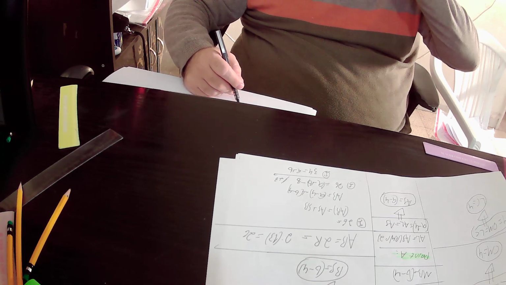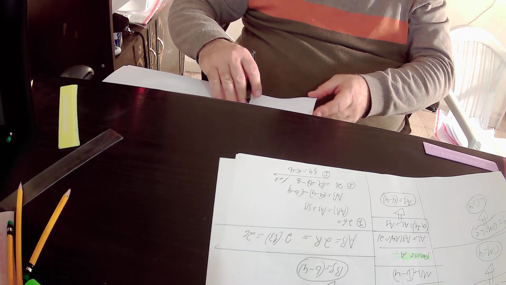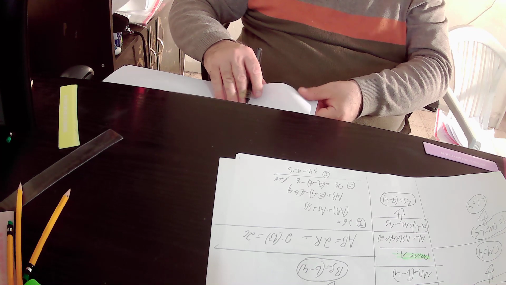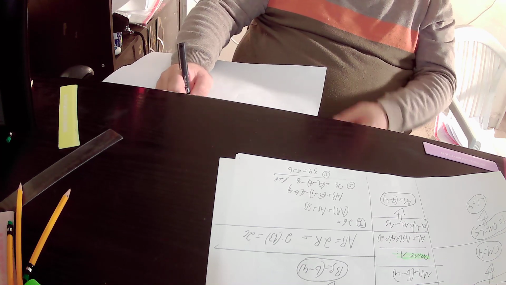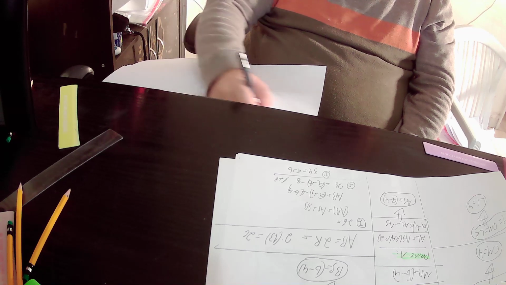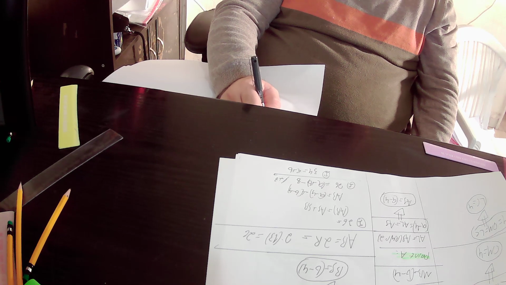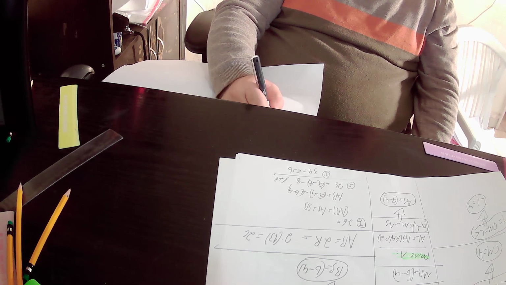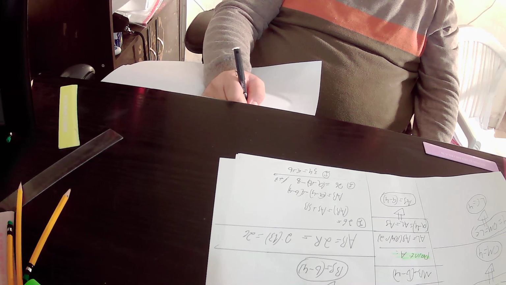Here we will square this equation and get that A plus B squared equals 34 squared.